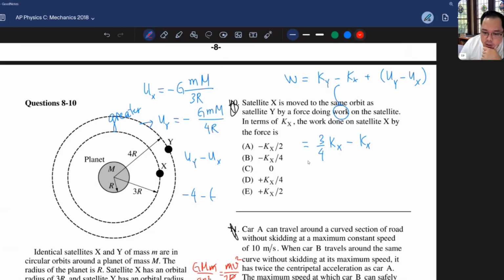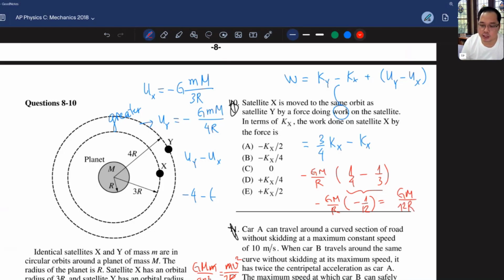So Uy minus Ux is minus GMm over r times 1/4 minus 1/3. Doing the subtraction, bring the negative sign to the front. So this thing is 3 minus 4, which is minus 1 over 12. Then times minus GM over r in the front. So that is GM over 12r.